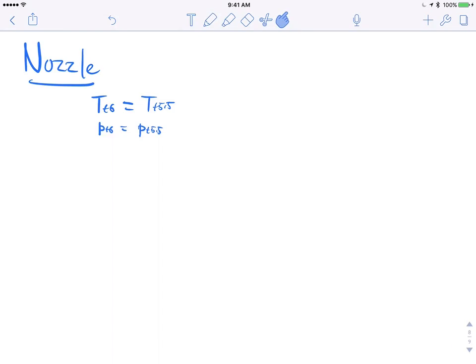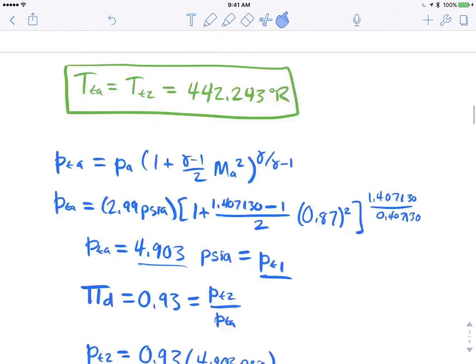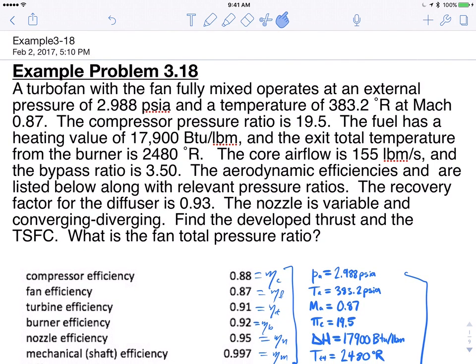And in order to get a little more of a clue there, we actually have to jump way back to the beginning and read our key text, where it says that the nozzle is variable and converging-diverging. And in lieu of any additional information, we're going to assume that the nozzle area is varied, the nozzle shape is varied, to make sure that the exit pressure matches the ambient pressure.